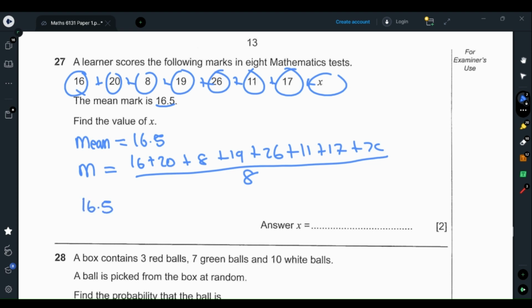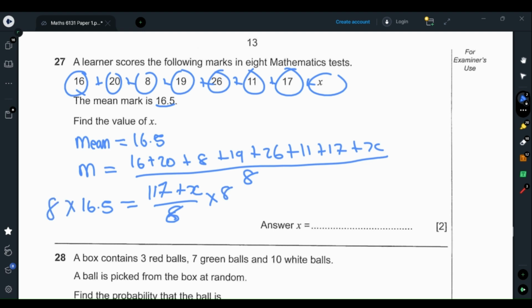So 16.5 is equal to 16 plus 20 plus 8 plus 19 plus 26 plus 11 plus 17, and the total of all this gives me 117. So 117 plus x, divided by 8.